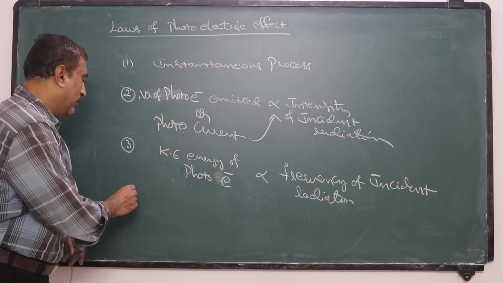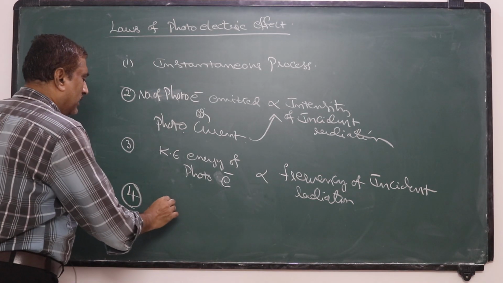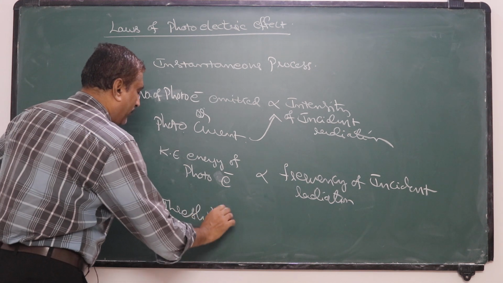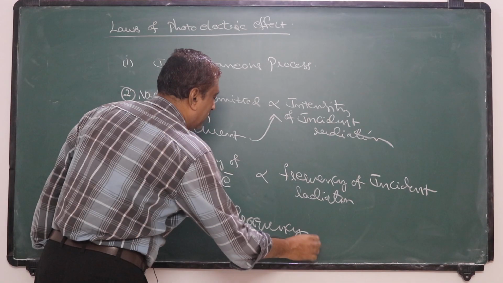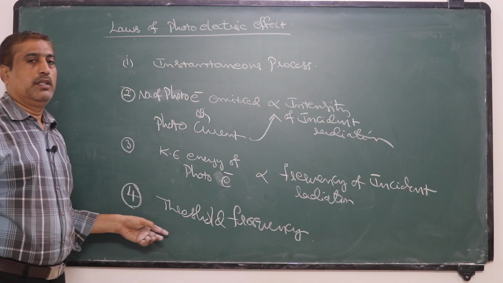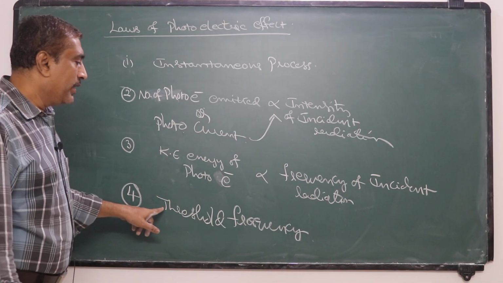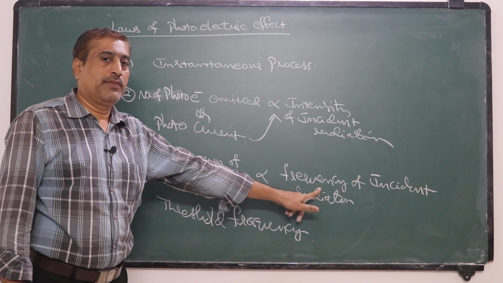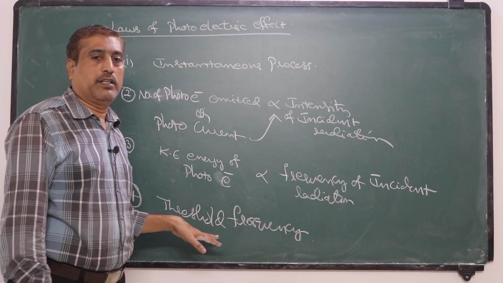And the fourth one, threshold frequency. Threshold frequency means there is a minimum frequency of incident radiation below which the photoelectrons are not emitted.